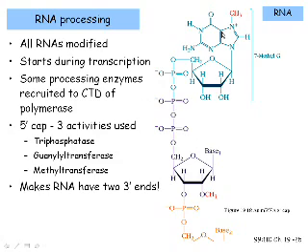It's going to add on a guanine backwards. That is, instead of adding it on so it's on the 5' end, it now has a free 3' end where it used to have a free 5' end. And then the guanine itself has a methyl group added to it. So this is often called the methyl G cap.